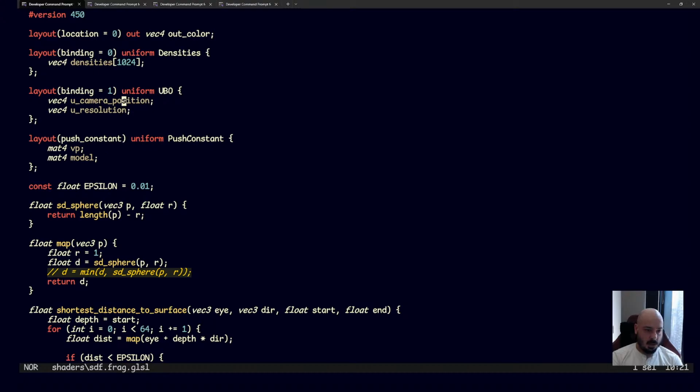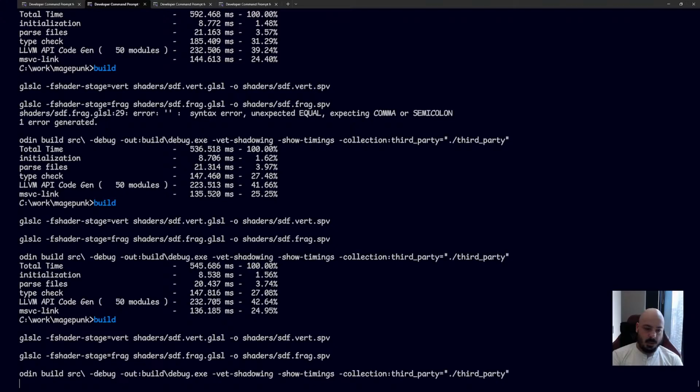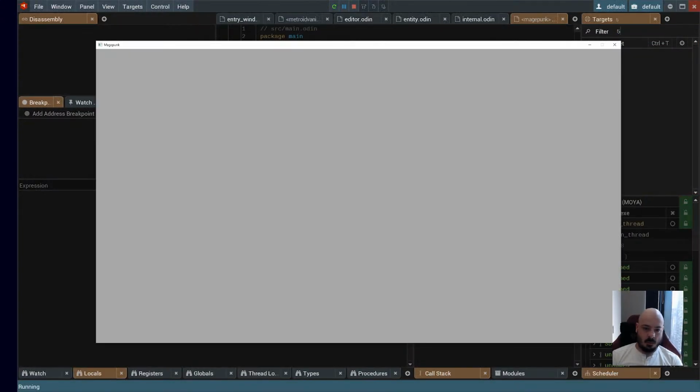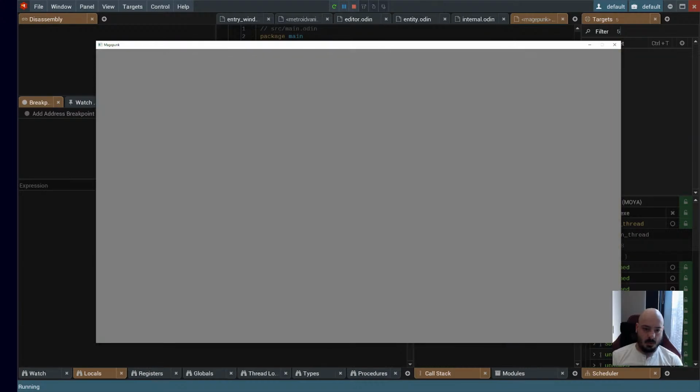So we've got a camera position actually already here. So if I put the camera position in here, what happens? Eye equals camera position, yes? Okay, let's have a look. I think this is gonna break because, well, I just think it will.